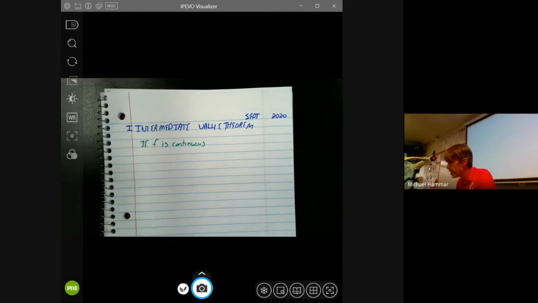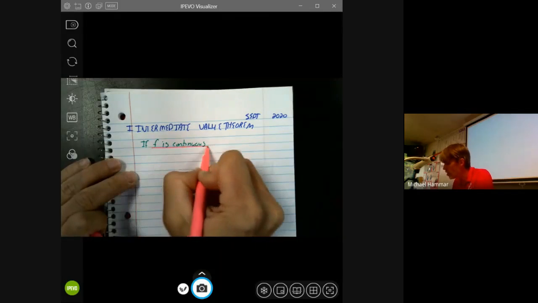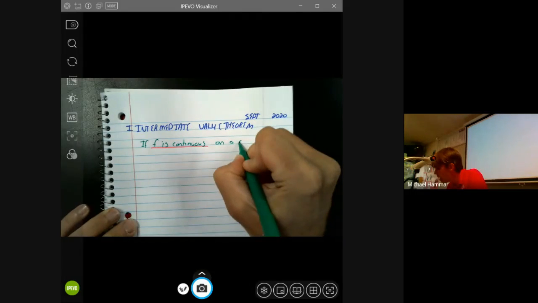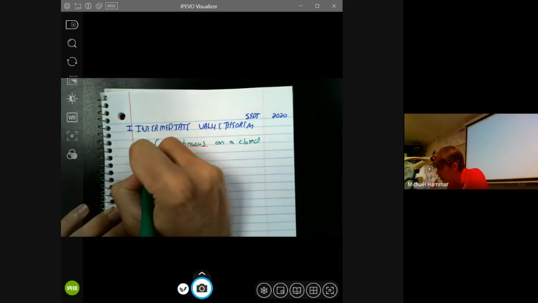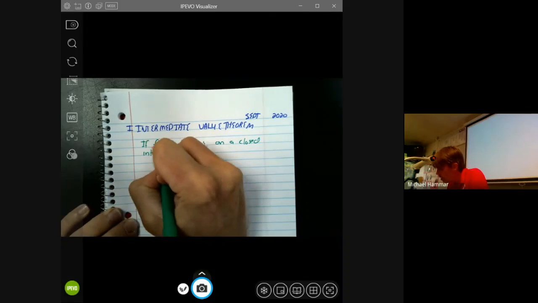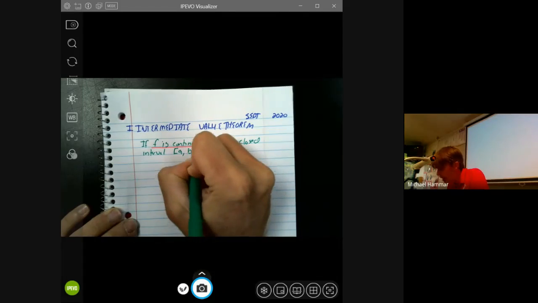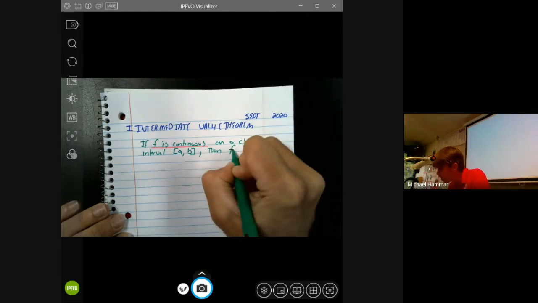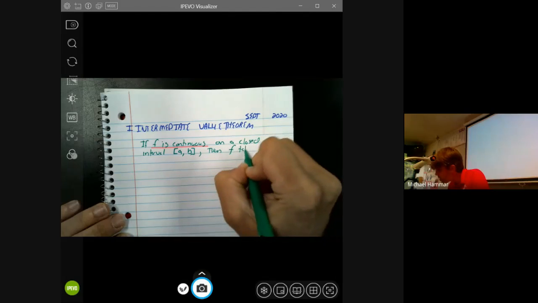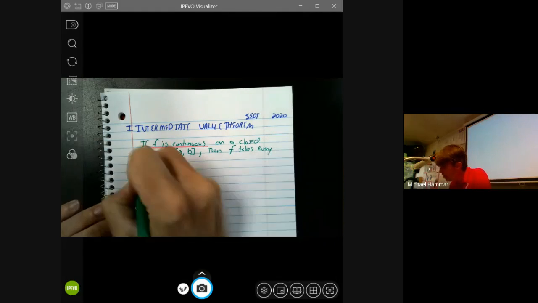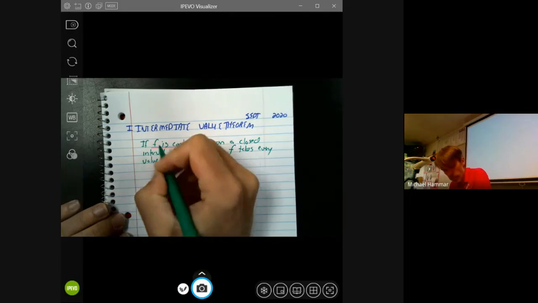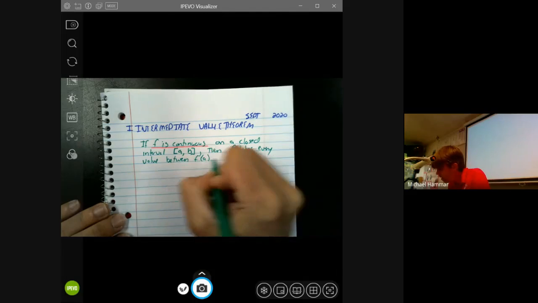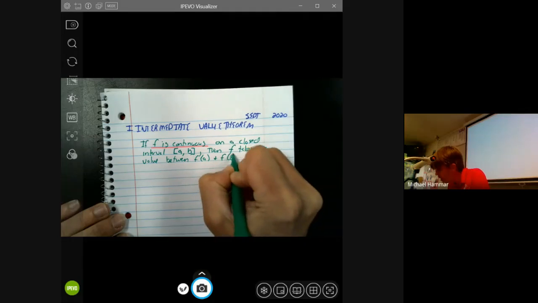Okay, this is a requirement. You do need to know that f is continuous on a closed interval between a and b. Then the function f takes every value between f of a and f of b.